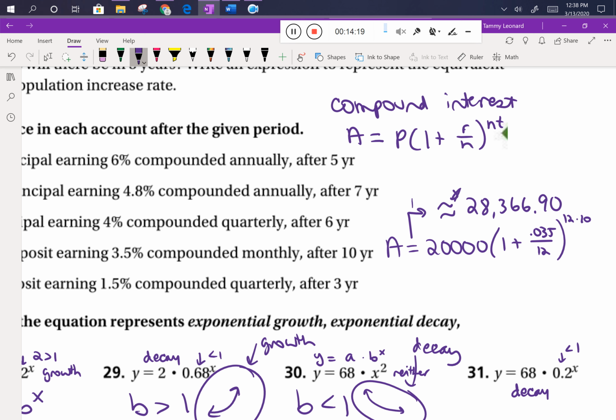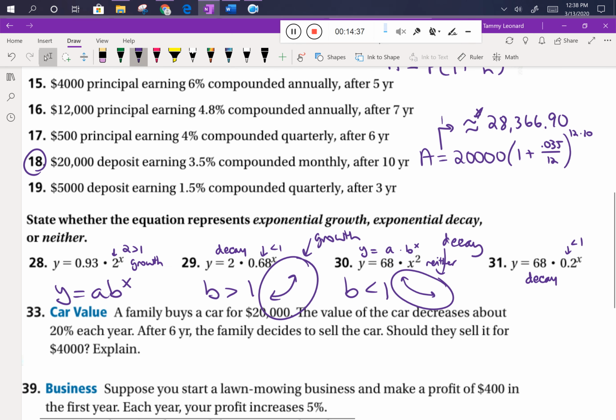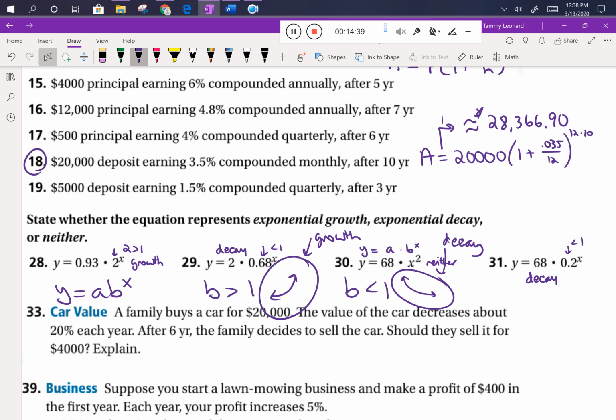When you get done, check my answer, see if it matches your answer. Questions for me? All right, so try number 19. We just did 18 together. You try 19 on your own.